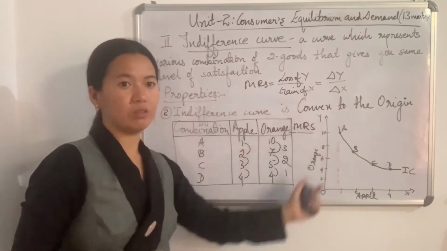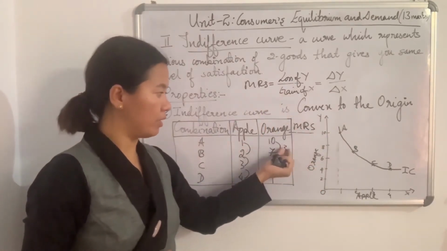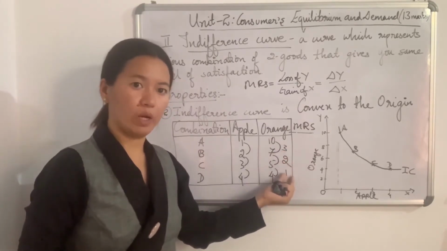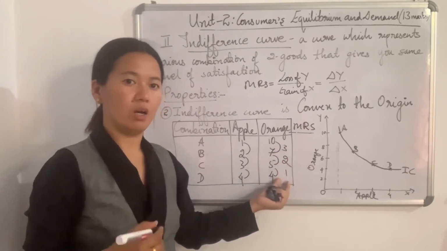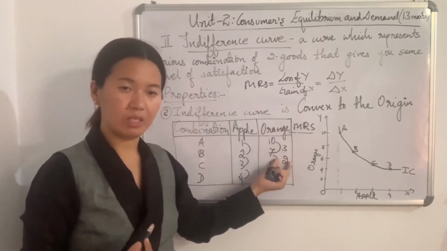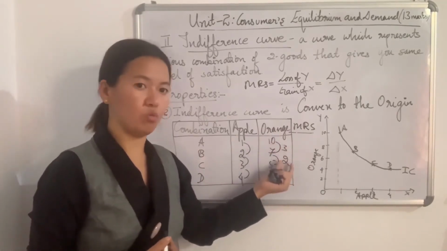In the case of indifference curve, this MRS tends to decline from 3 to 1. The rate at which our oranges are getting sacrificed is decreasing from 3 to 1.